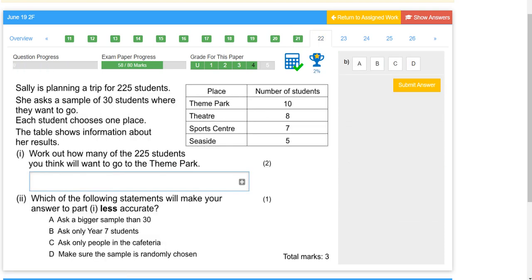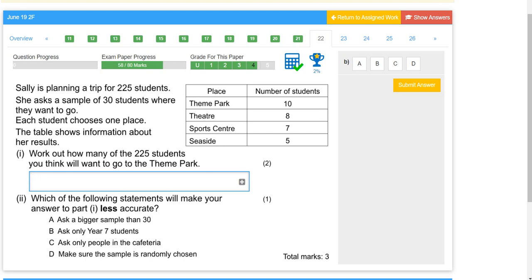Okay, we have a question on sampling. Let's read this one. So this is all to do with proportionality and being representative. We want to know how many we think will want to go to the theme park. Well, we haven't asked everyone. We've only asked 30 students, but we're hoping that the 30 students we've asked will give us an idea for everyone. So of those 30 students, how many said the theme park?